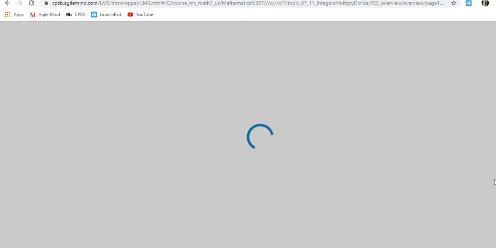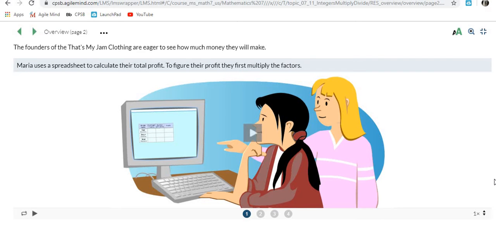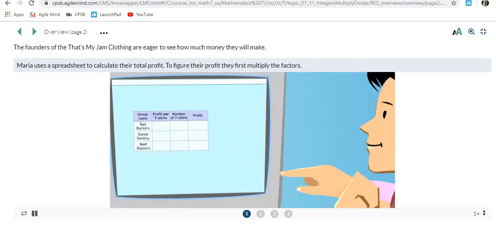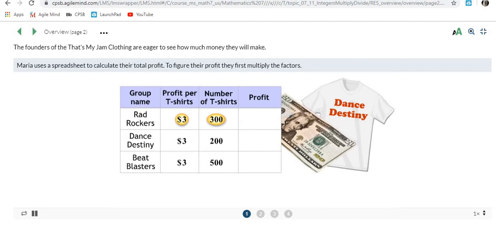So let's take a look at what they are doing. This is not in your book, you're just watching. They put all the information into a spreadsheet so they could see it better. When they do that, they see their profit for 300 shirts is going to be $900. For Dance Destiny, $600.